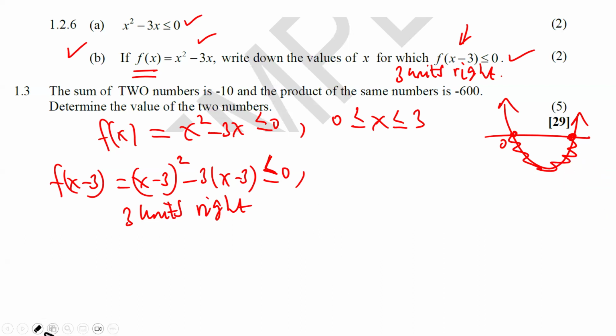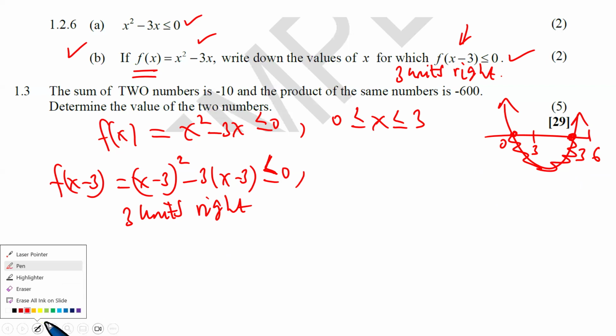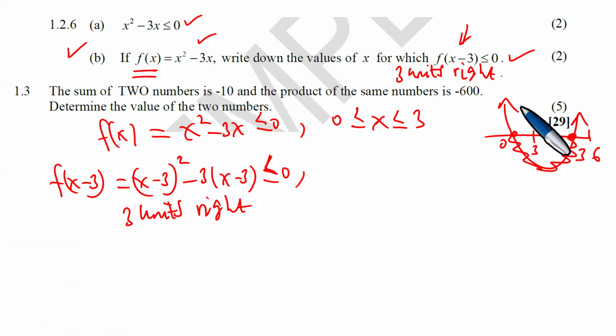If this is 3 here, then 3 units to the right is going to be 6. This was 0, so it's going to be 3. And then the new graph is going to be the green graph. So I'm going to sketch the green one, like so. It's going to be cutting at 3 here and cutting at 6 there.